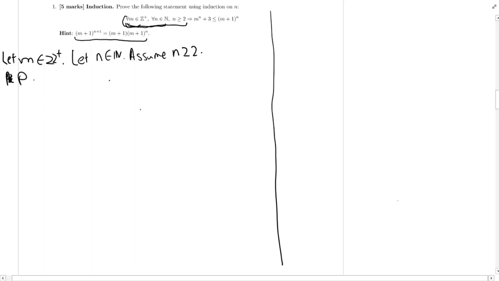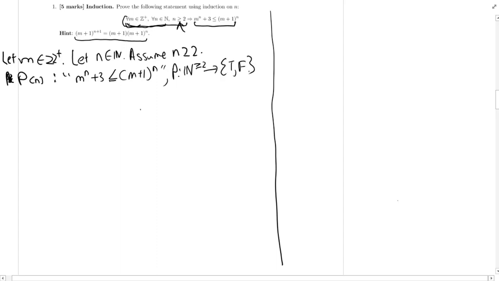This predicate is going to be P(n), let me put this in quotes: m n plus 3 is smaller than or equal to (m plus 1) to the n. We just now need to define what exactly this predicate takes in and puts out. It takes in a natural number, but realize that the natural number is going to be larger than or equal to 2, so we can specify this here. And it outputs a true or false. Great. So let's do the base case.